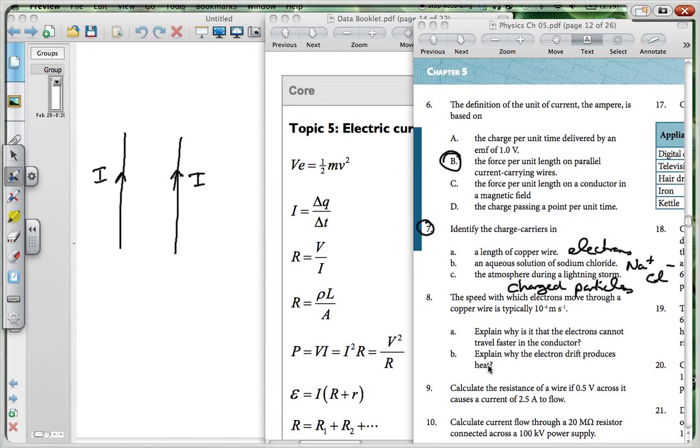Well, as they move through, they bump into other electrons and particles, and that causes those particles to gain energy. There is energy transfer, and they speed up, and therefore there is heat.